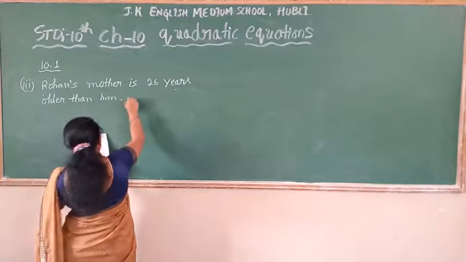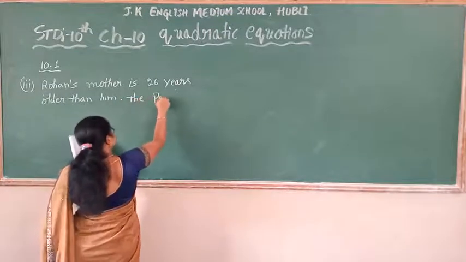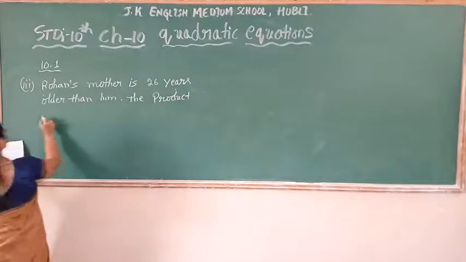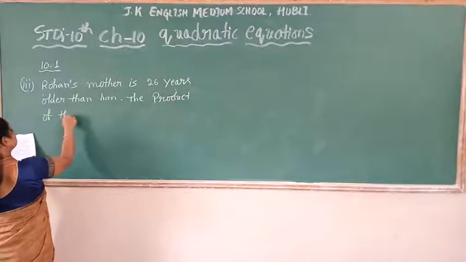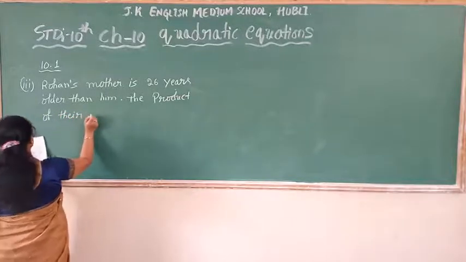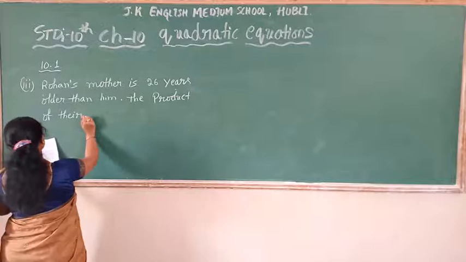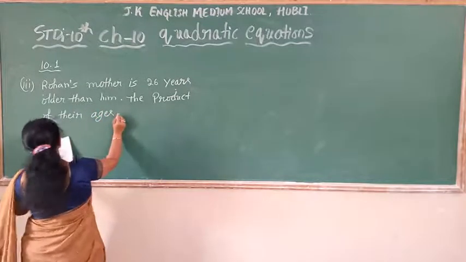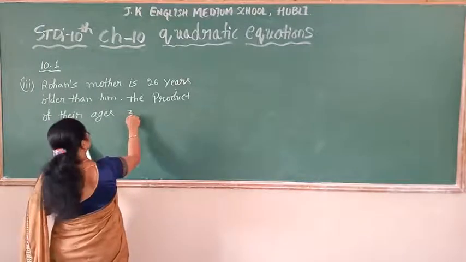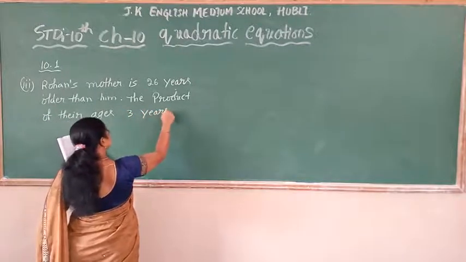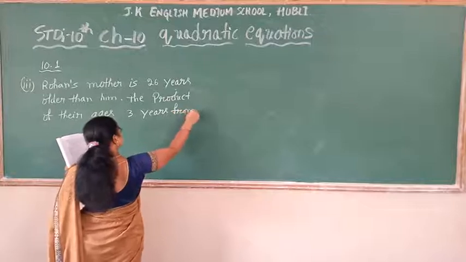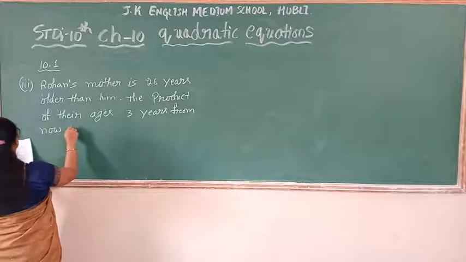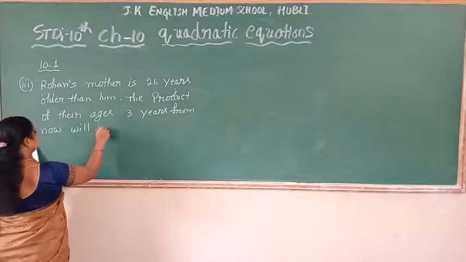The product of their ages 3 years from now will be 360.